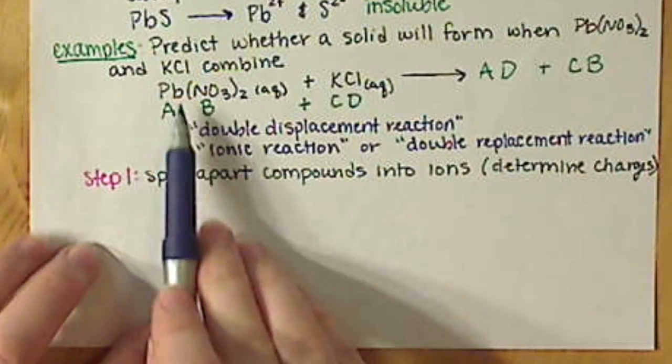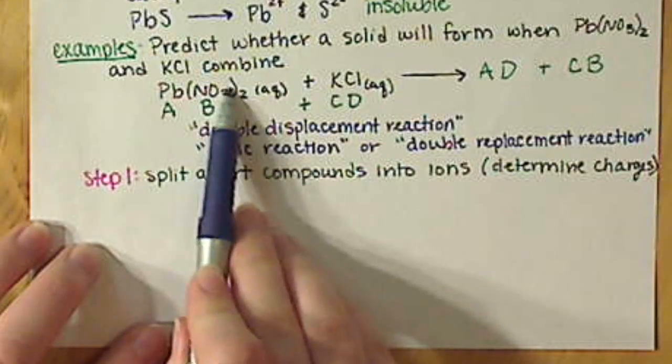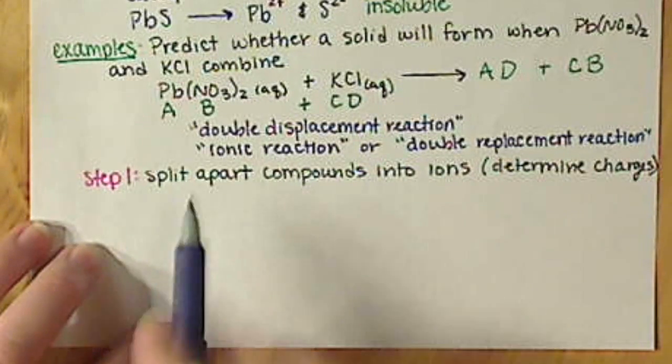In our case, we're going to split apart our Pb and our nitrate.